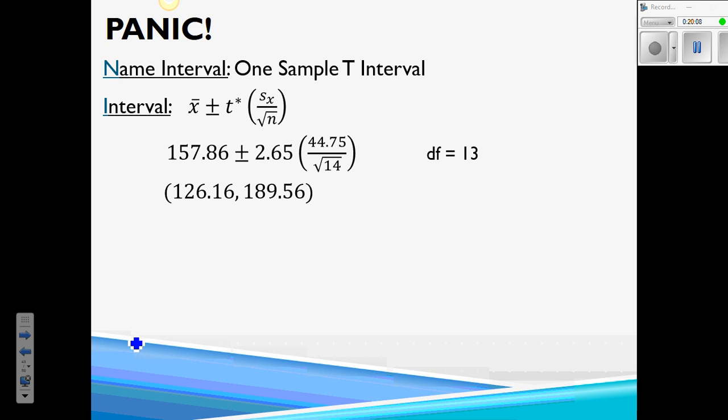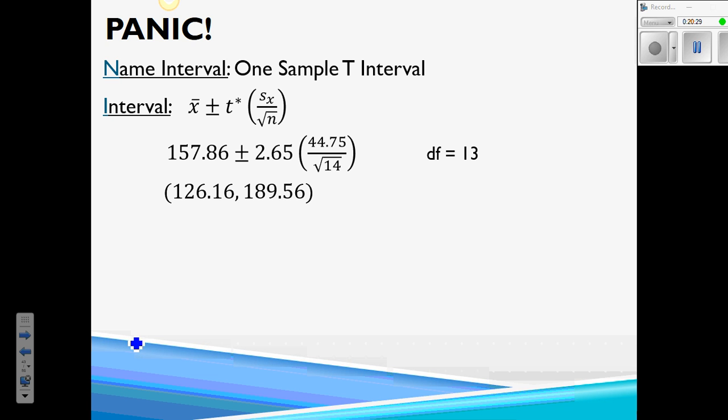Use your resources. Conclude. We are 98% confident that the interval from 126.16 to 189.56 does what?